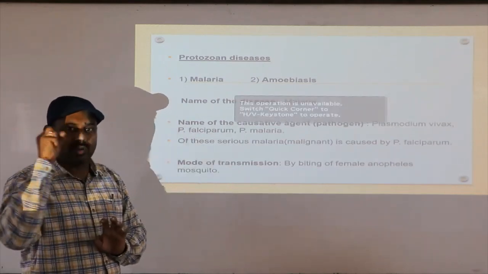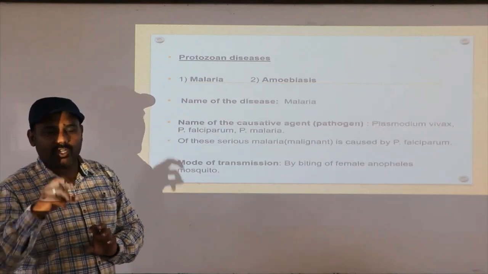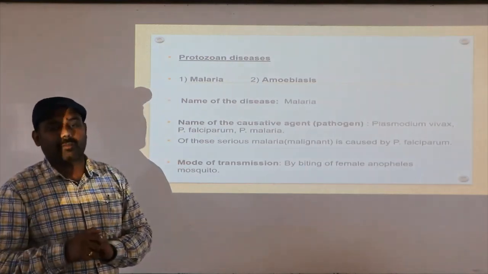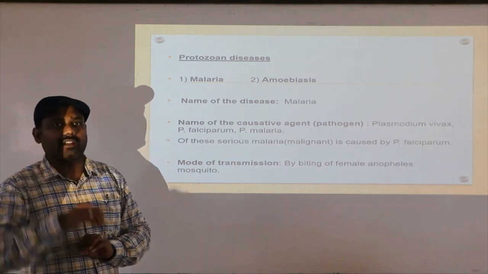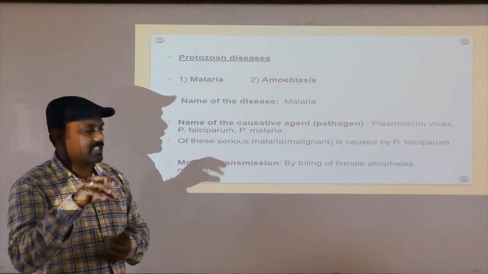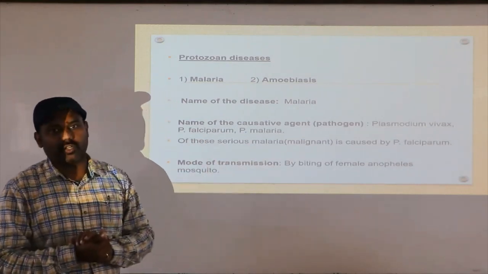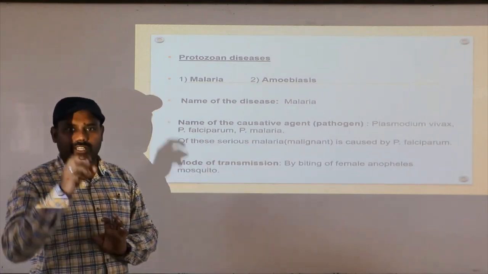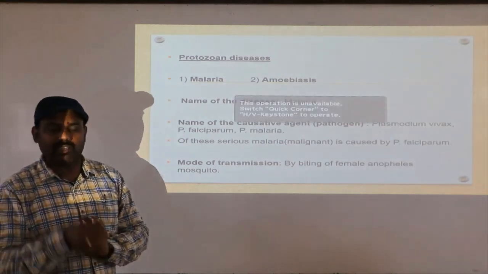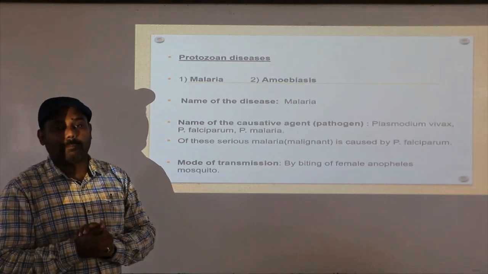Why are they going to suck the blood? Because they utilize a protein present in the RBC, that is globin, and the iron content from our blood to prepare their eggs. Clear? For that reason, the female mosquitoes bite human beings for their blood meal. At the same time, the male mosquito never ever bites. They suck plant sap.